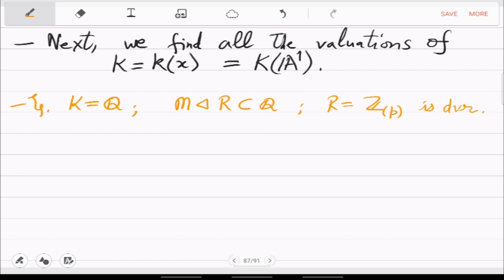It's a DVR because you can see that the maximal ideal is p times R. So it's a principal unique maximal ideal, and the residue field R over M is Fp.